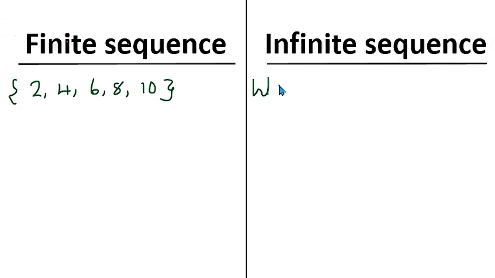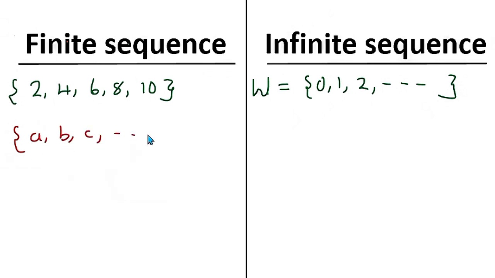So this is the first 5 even numbers, and in this case, if you want to think of the set of whole numbers, we're going to have something like 0, 1, 2, and it goes on, right? Okay, and we can also think of the set of English alphabet, which is finite, A, B, C, and it goes on to Z, right?